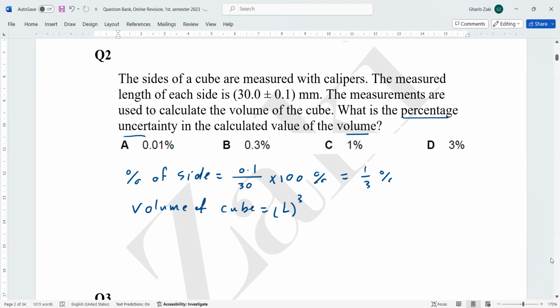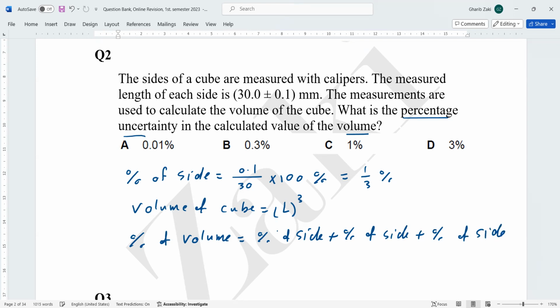We need the percentage uncertainty of the volume. The percentage of the volume equals the percentage of side plus percentage of side plus percentage of side. The percentage of one side is 1/3% plus 1/3% plus 1/3%. When you add them up, it becomes 1%. So the correct answer is C.